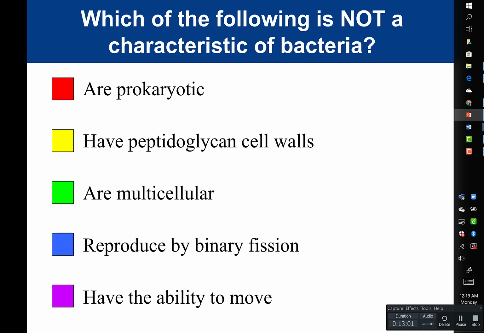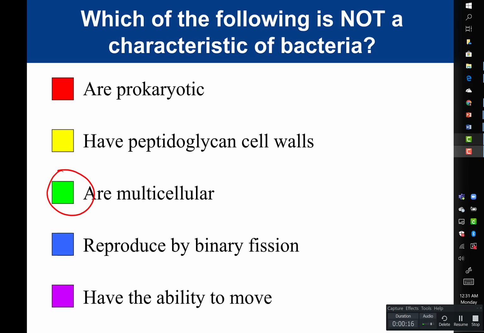So which of those statements is not true of bacteria? The answer is going to be green. They are multicellular. They are not multicellular. They are unicellular. They exist as one single cell. And so the statement saying that they're multicellular is not true for bacteria. Bacteria are prokaryotic. They are made of cells that lack a membrane-bound nucleus.